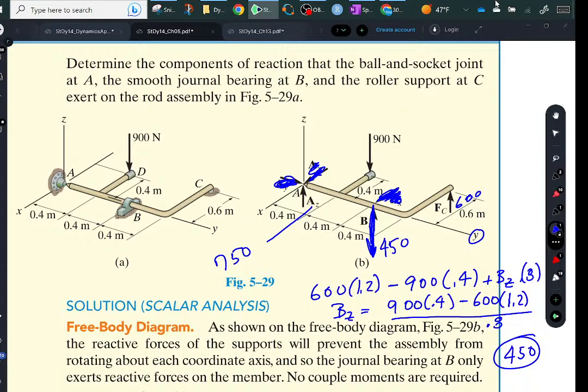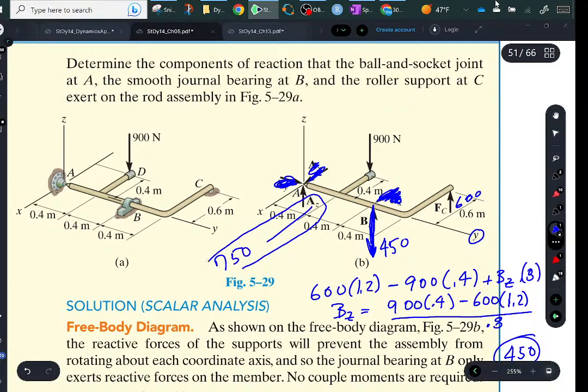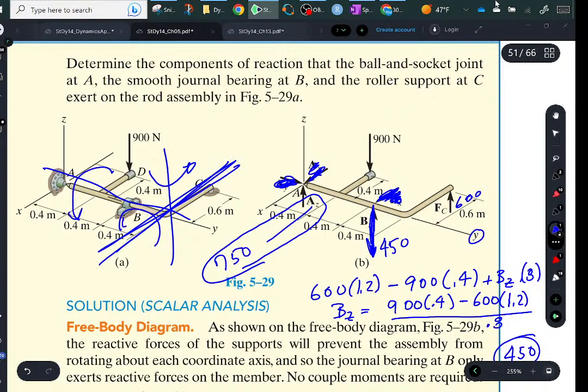No, I did do AZ. Yeah, I did. It was 750. So I can do a lot of these without ever summing the forces. I can just pick different lines or locations to sum about, then sum the moments about that line.